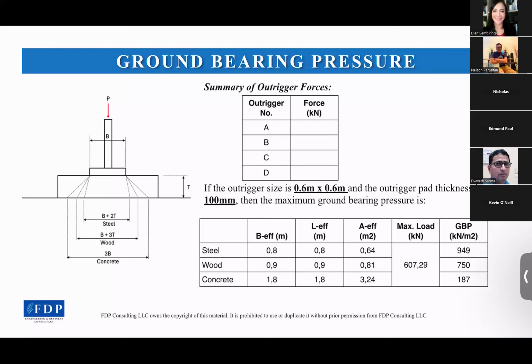If you use concrete at 1.8 by 1.8 meter, then the area is going to be 3.24. The same way, if I'm going to use the steel mat at 1.8 by 1.8, then for sure it's going to give the same ground bearing pressure, right? Yes, because the area is going to be 3.24.